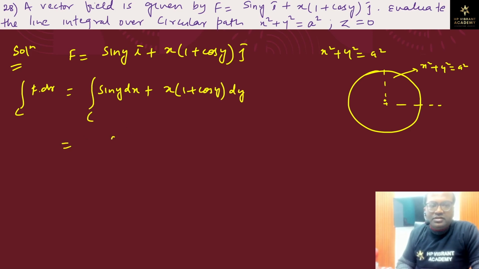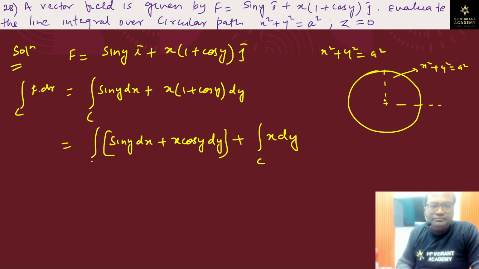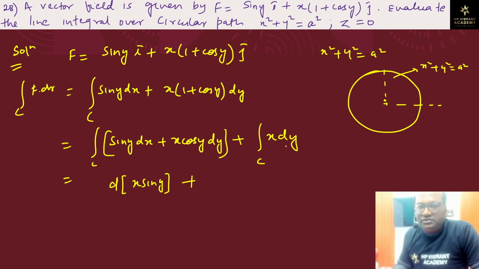So this we can write as sin y dx plus x cos y dy plus x dy along the curve C. So this we can write as differential of x sin y, okay, plus x times of dy.